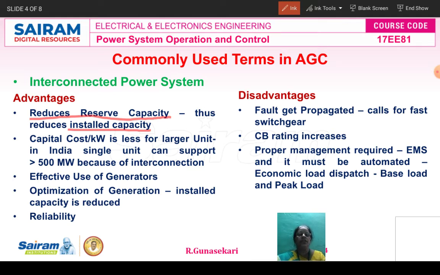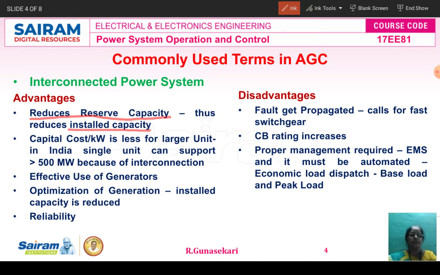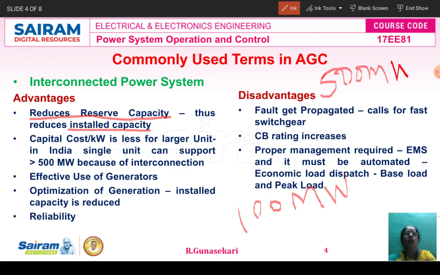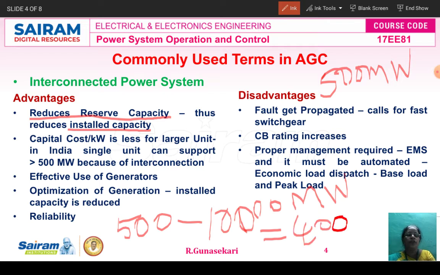For example, the generated capacity is 100 megawatt and the installed capacity is 500 megawatt. What is the reserve capacity? The installed capacity 500 minus the generated capacity 100 is equal to 400. The 400 megawatt is called the reserve capacity.